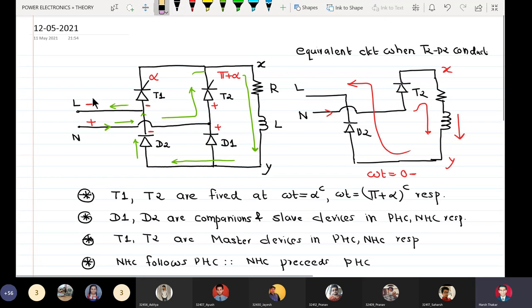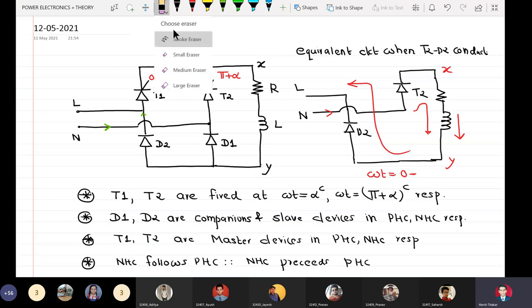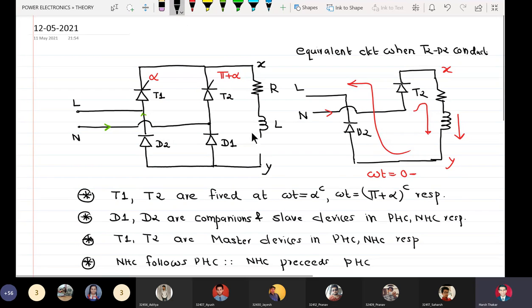See, now we will erase the negative half cycle here. Okay, everything is erased. So now see what has happened. The inductor will now offer this.